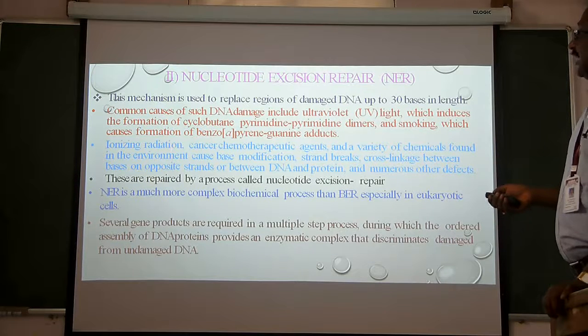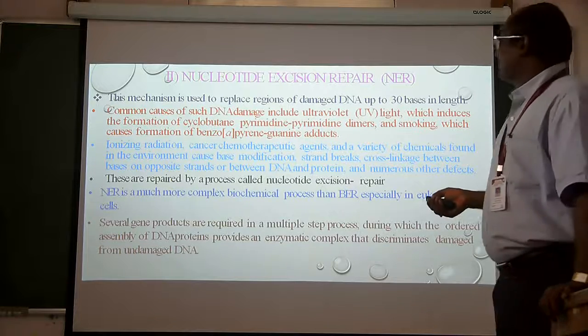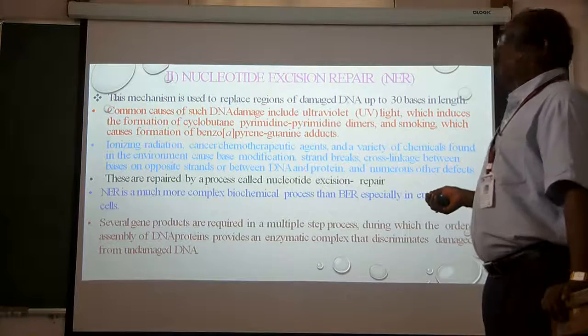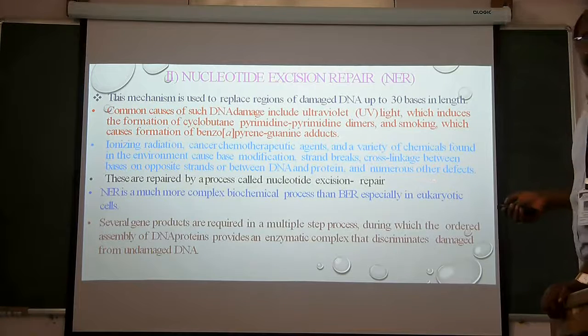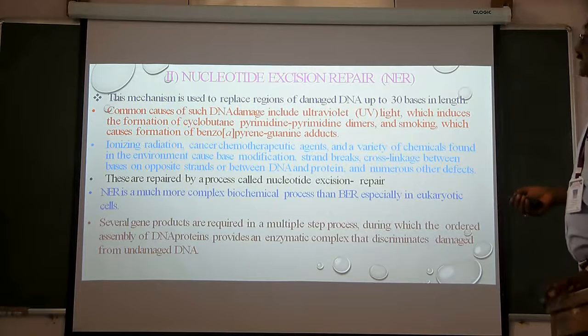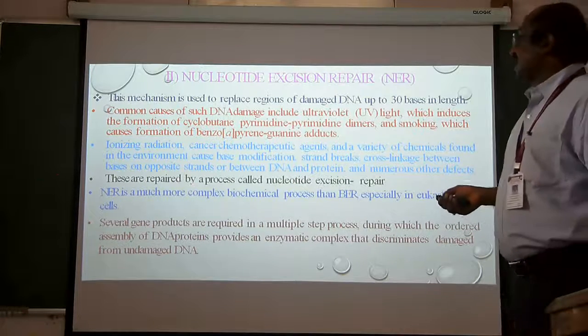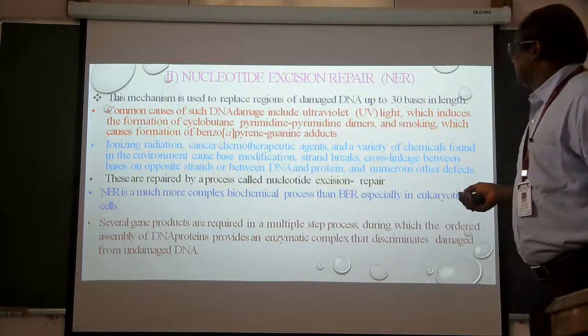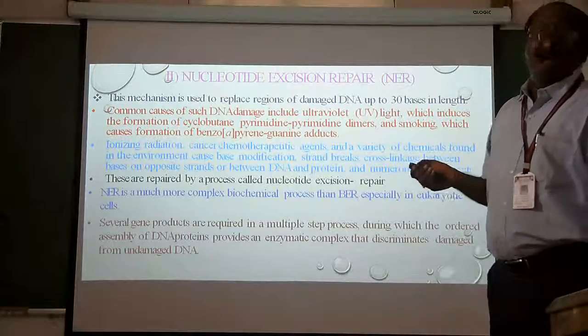Apart from this, ionizing radiation, cancer-causing agents, and a variety of chemical forms in the environment cause base modification, strand breaks, cross linkages between bases on opposite strands or between the DNA and protein, and numerous other defects. These are repaired by the process called nucleotide excision repair, NER.